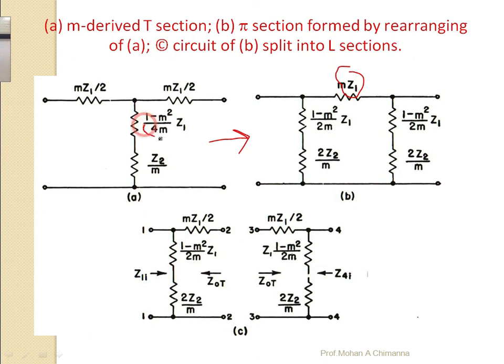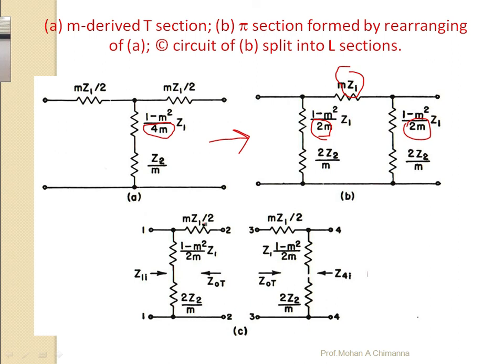Only this 4m we want to change here to 2m respectively, and this z2 by m is represented by 2z2 upon m and 2z2 upon m.